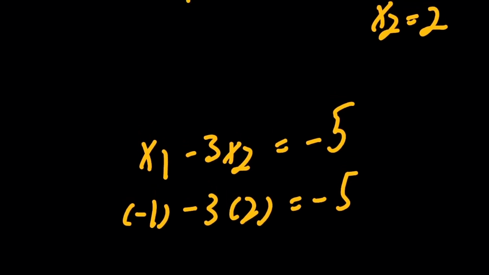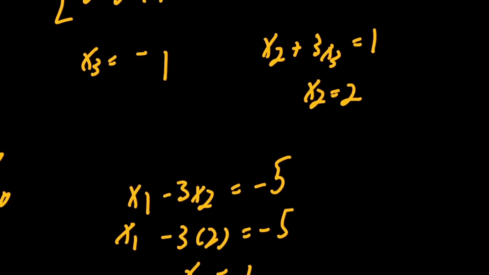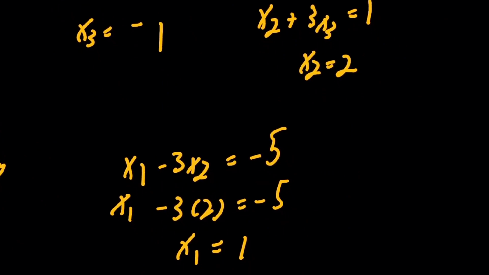Correction. We're solving for x of 1. My bad. As a result, x of 1 is equal to 1. And there you have it. Based on observation and direct substitution, we have our x variables, where x is equal to 1, 2, negative 1.